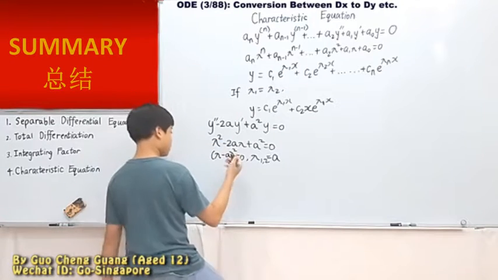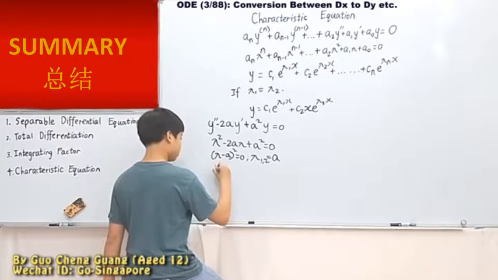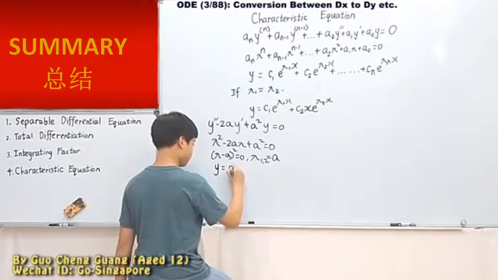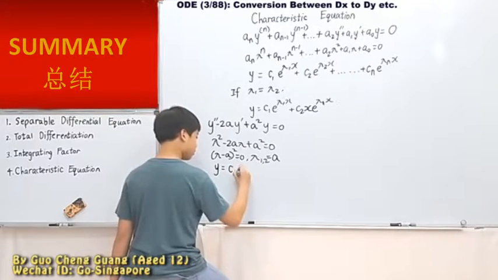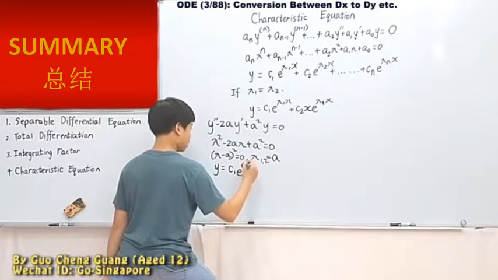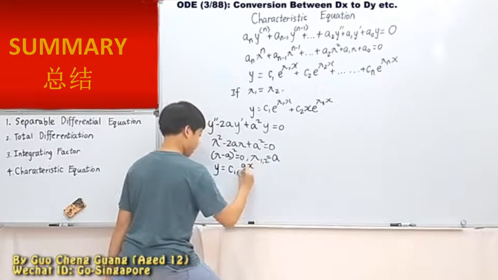So then you get this part. You sub it inside. Then what you'll get here would be, here's your first constant, then e to the power of ax.